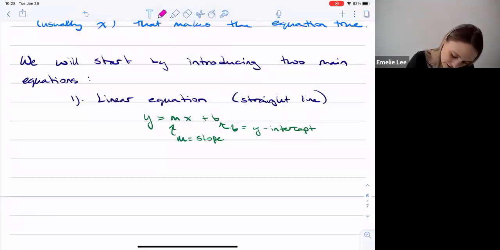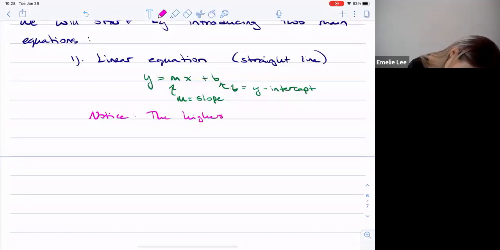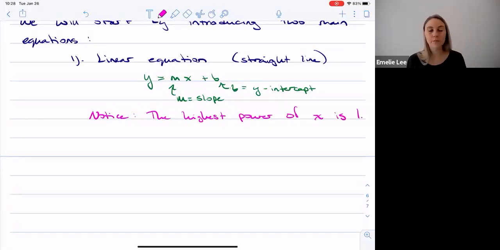So for linear equations, notice the highest power of x is 1. That's what makes it a linear equation.